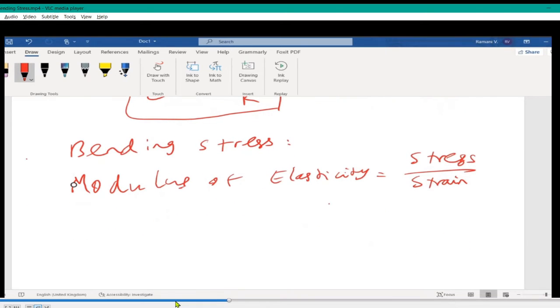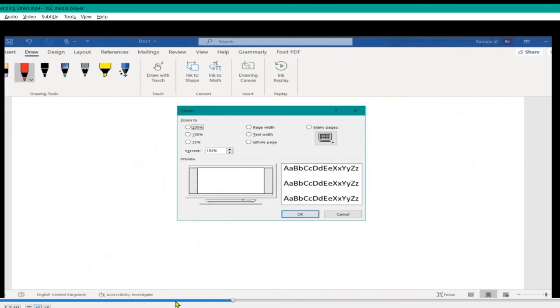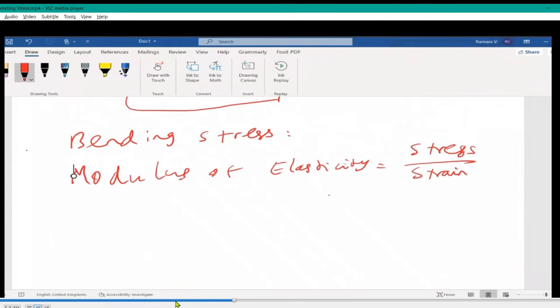The name is given after the scientist Young: Young's modulus, or modulus of elasticity. It's a number, the value defining stress over strain. So E is equal to stress over strain. I denote stress by this one, and strain by this one. Can we now find out the stress? That is our requirement, right?